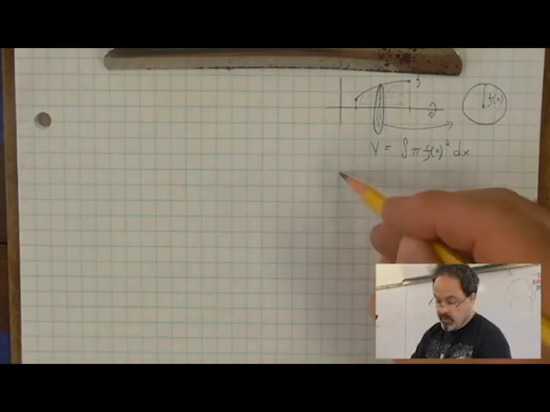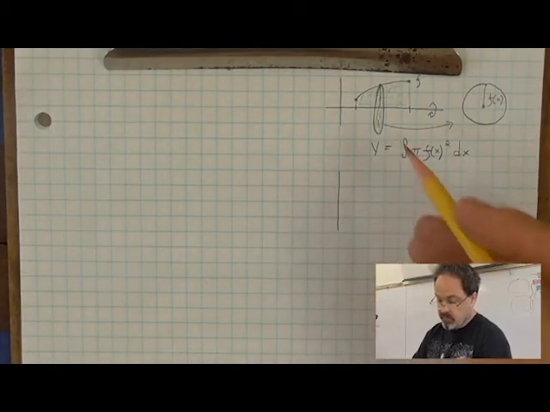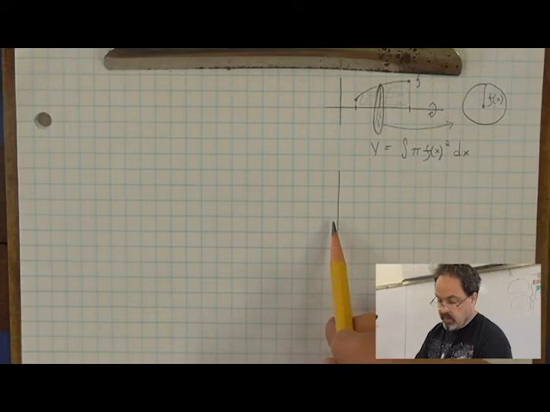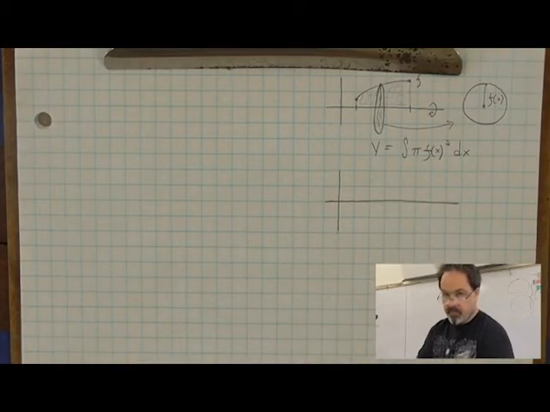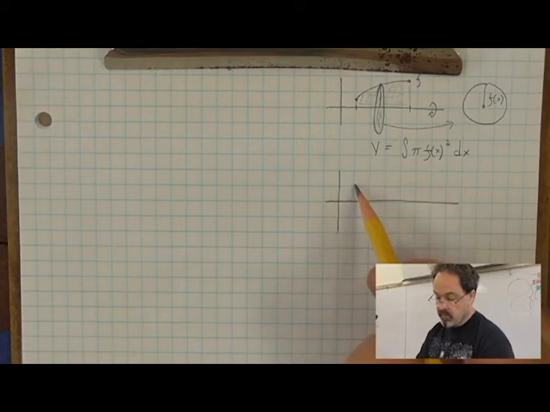But what if we have a situation in which the area that we are rotating is quite different? We have the area under the curve that we've studied before.